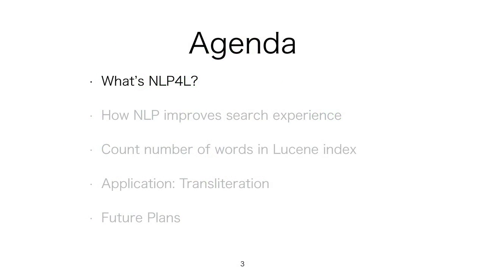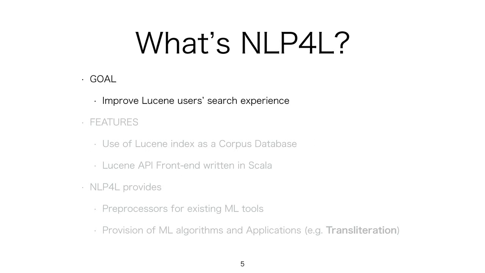So, what's NLP4L? Again, it stands for NLP for Lucene. It's an open source project with Apache license written in Scala. Our goal is to improve Lucene user search experience using NLP techniques. The most distinct characteristic of our project is that it uses a Lucene index as a corpus database.